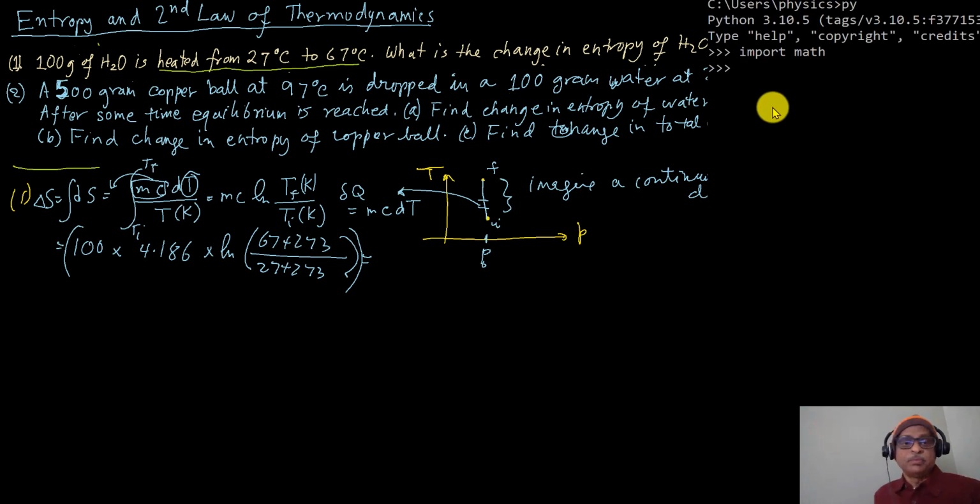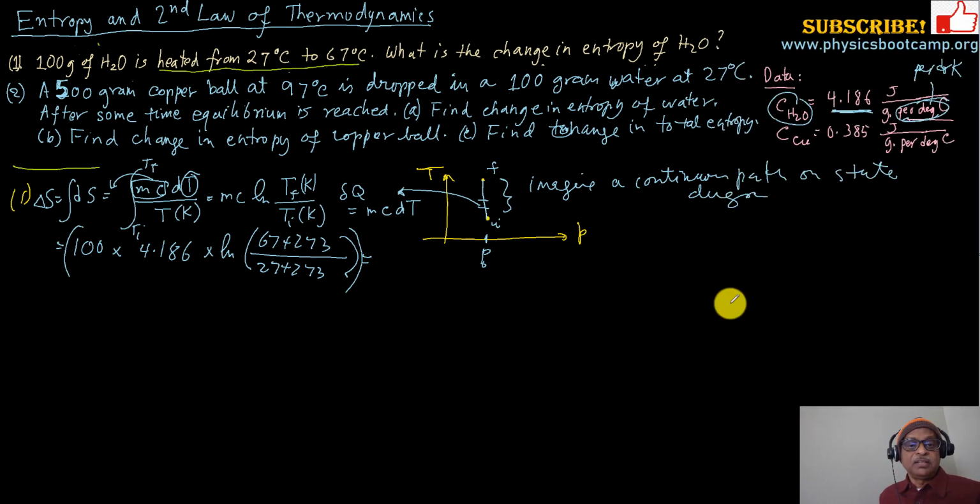So this would be 100 times. Why do 100 times? So 418.6, and I need a natural log, and so this will be 67 plus 273, which I should have added, and that's 300, and it's 52.4.